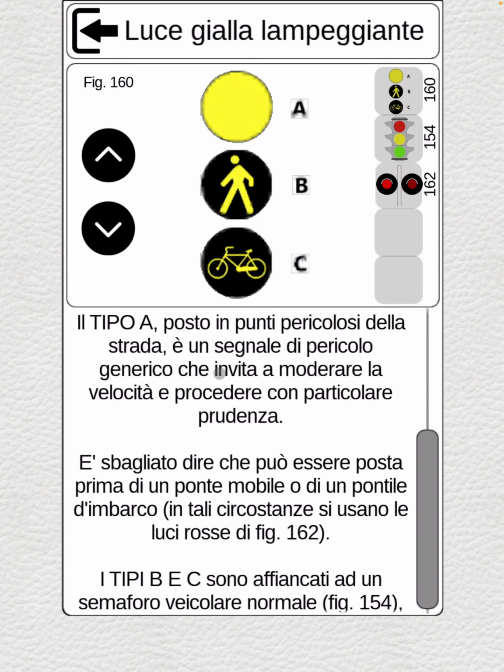È un segnale di pericolo generico che invita a moderare la velocità e a procedere con particolare prudenza. You have to be careful when you are passing this place. That is the meaning of this circle. If you see it blinking, it's telling you it's pericoloso. You have to reduce your speed and pass there with prudenza. That is the meaning of that one.